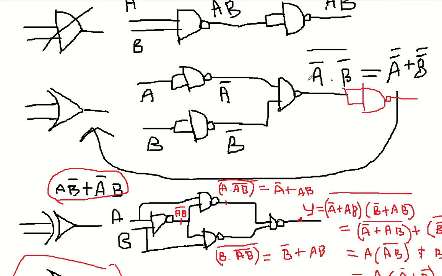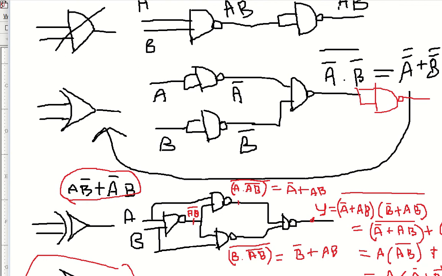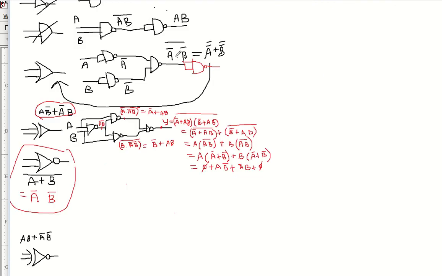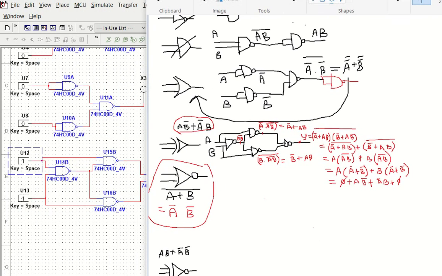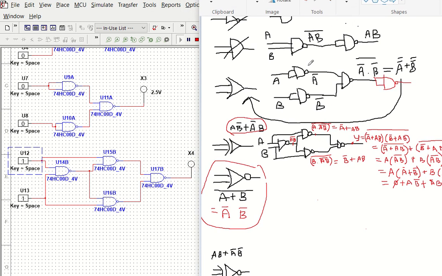If we do like this, the circuit will be exactly equivalent to NOR gate. I hope you are understanding. So let's try to design the circuit in Multisim. We are going to focus on this design.